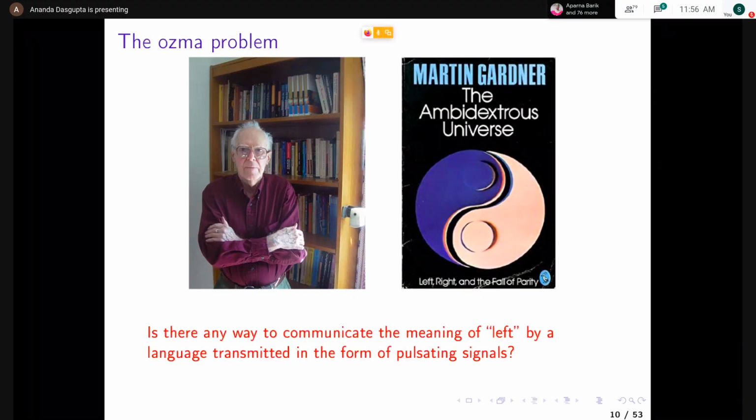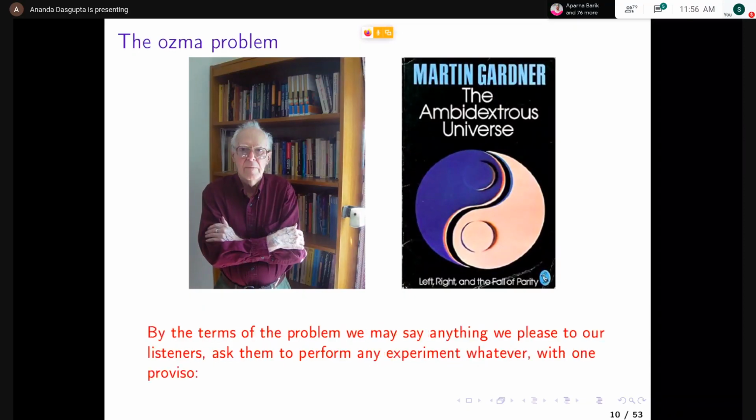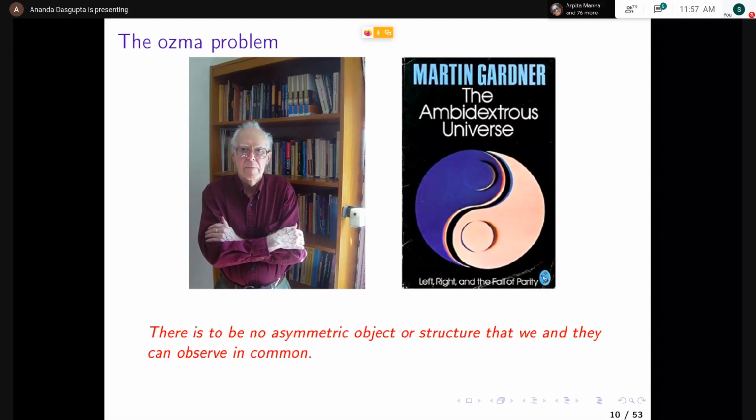I'm directly quoting from his book here. And by the terms of the problem, we may say anything we please to our listeners, ask them to perform any experiment whatsoever, but with one proviso. There is to be no asymmetric object or structure that we and they can observe in common. Now, this is what the statement of the Ozma problem was, as Martin Gardner stated it in his book.